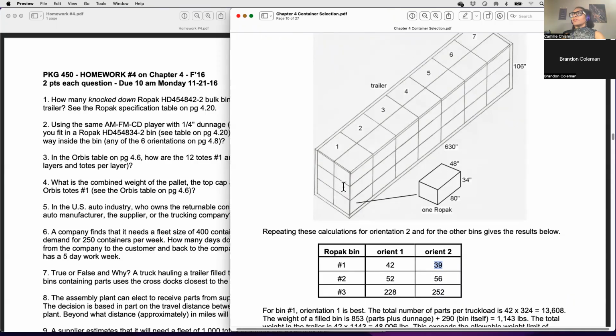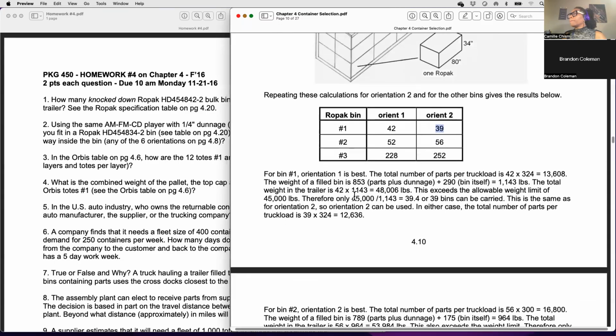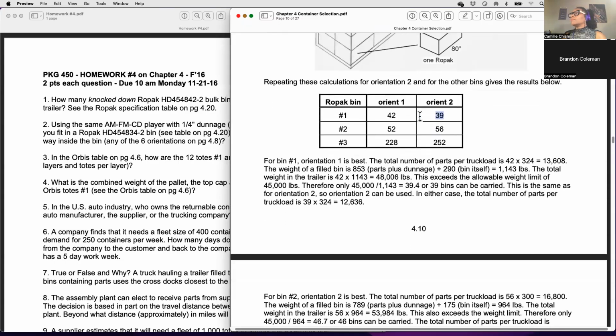So you have an unstable box. It's really better if you just turn everything so you have even stacks. That's how they came up with that. So even though this has the highest number of parts per truck, it goes overweight, so you can't really do that.